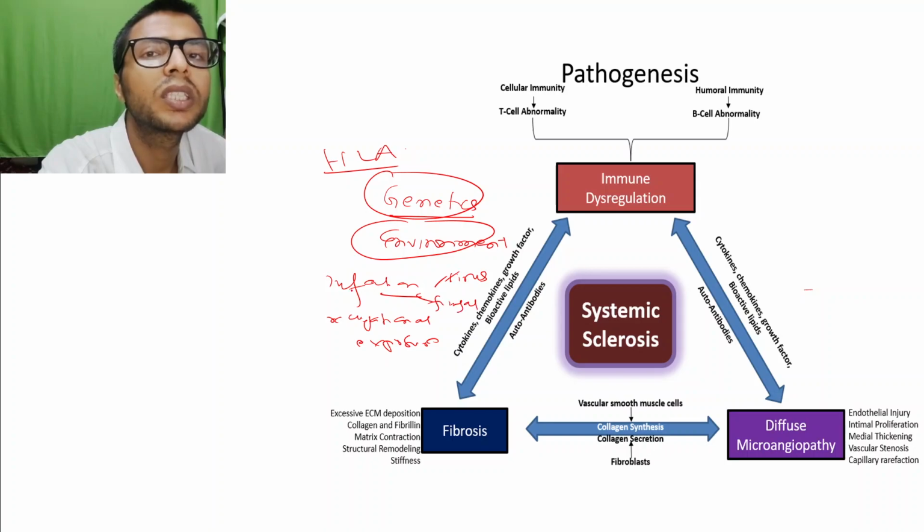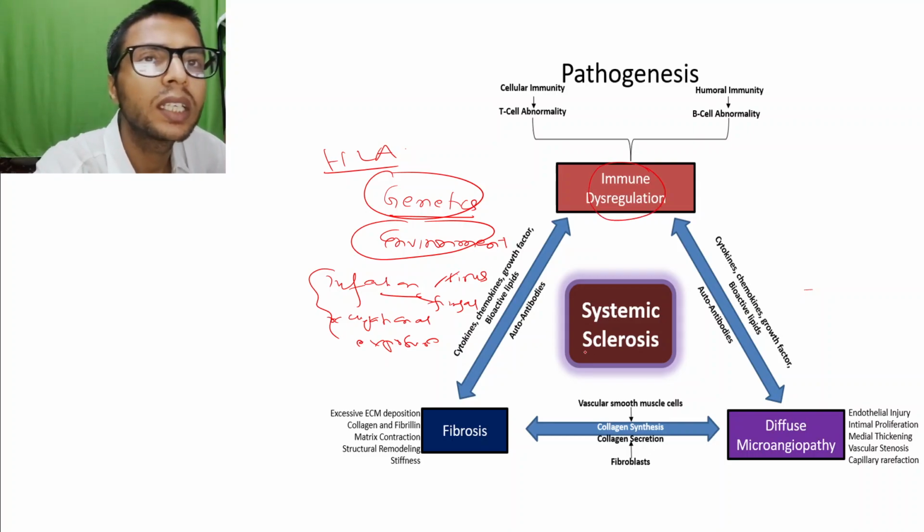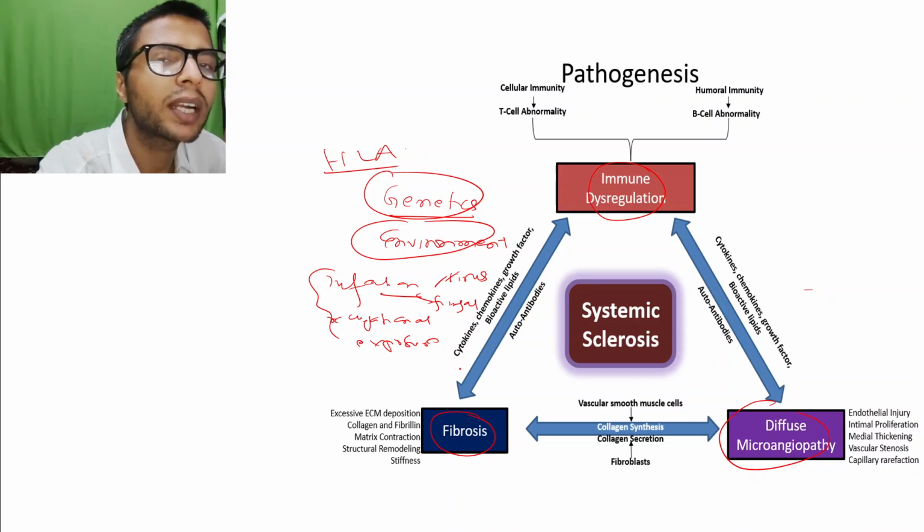So these infections trigger this autoimmune inflammation, and you can see there are basically three dysregulations: immune dysregulation, diffuse microangiopathy, and fibrosis. You can see a variety of cytokines, chemokines, growth factors. These drive this immune dysregulation and fibrosis, and that leads to diffuse microangiopathy.